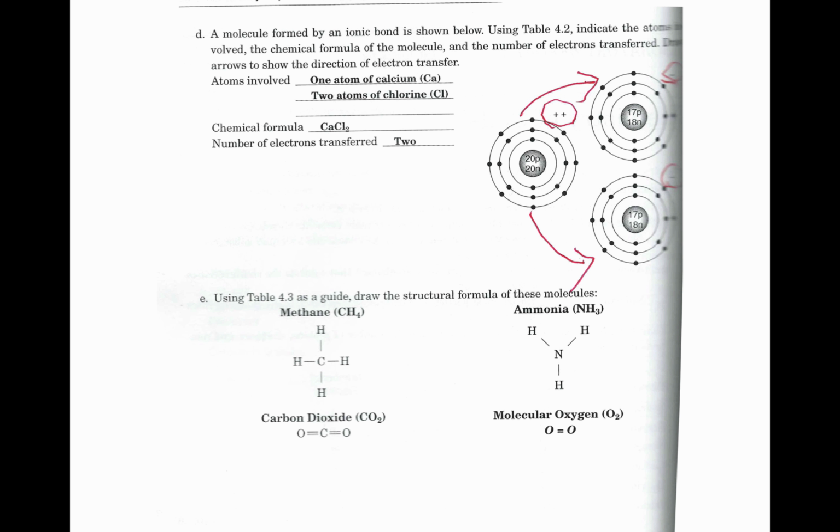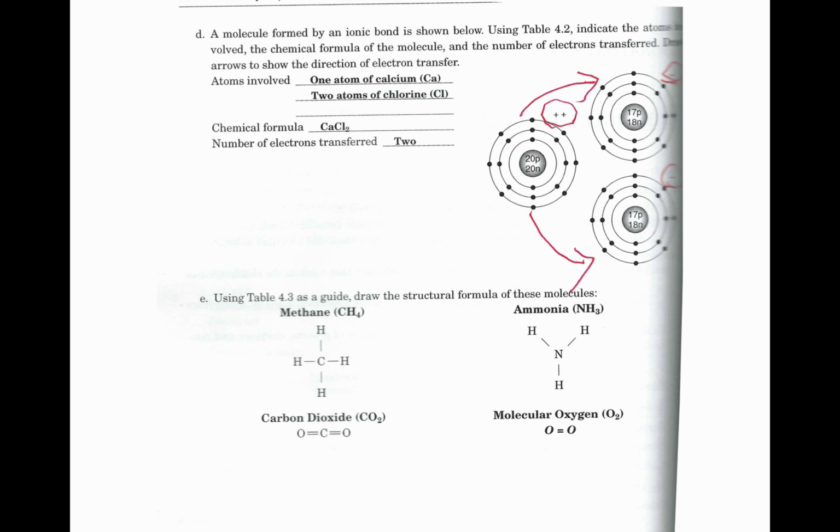So whenever you're looking at these outer shells, we're really looking at energy levels. And electrons are in constant motion. But they are looking to be stable. And when CaCl2 ionically bonds together, it gave up its electrons.